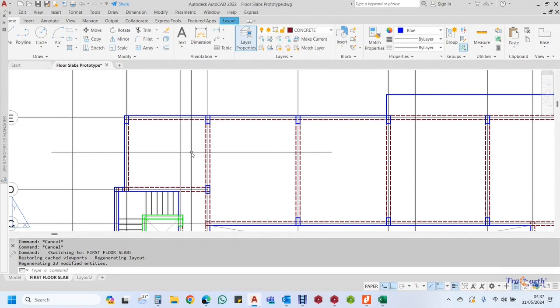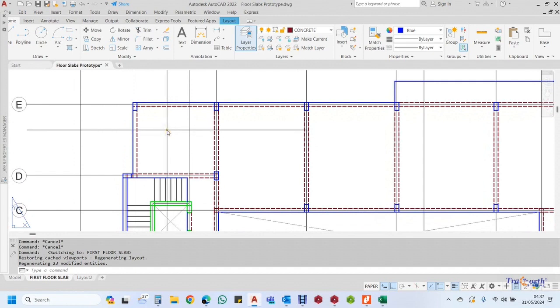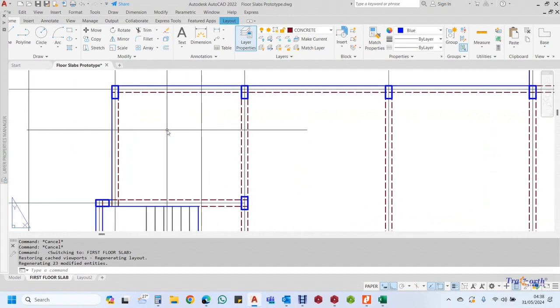Also, there are literatures which advise, and I think some codes as well, that when the load on a slab is up to a particular value, you can equally ignore the Ly over Ls factor, the K factor, and consider it as a two-way slab, irrespective of what the factor is.